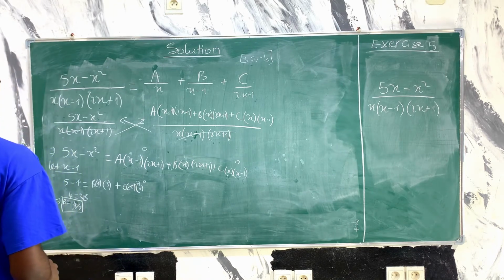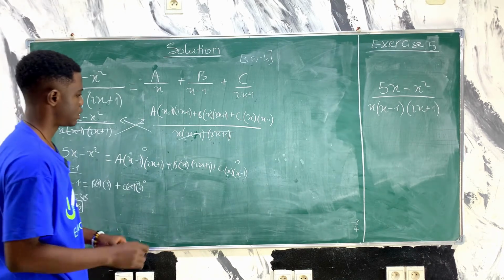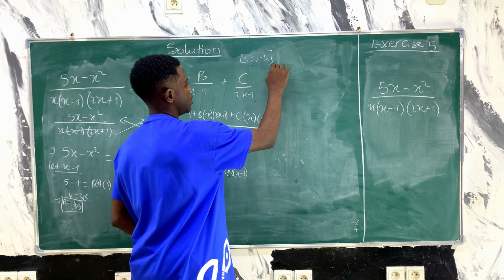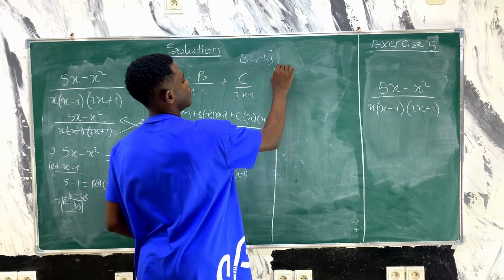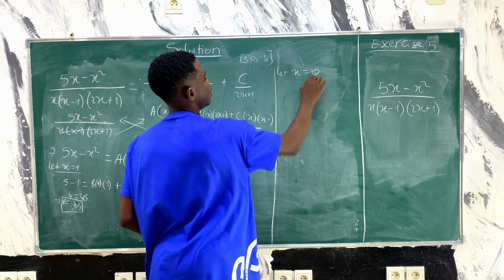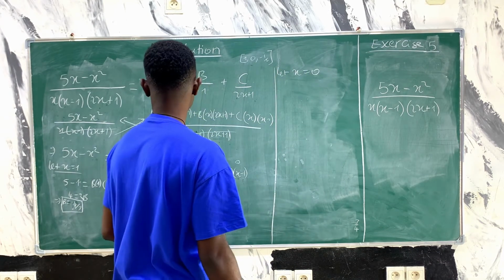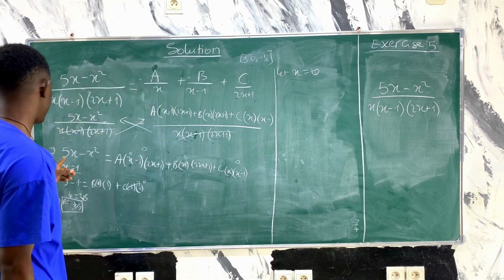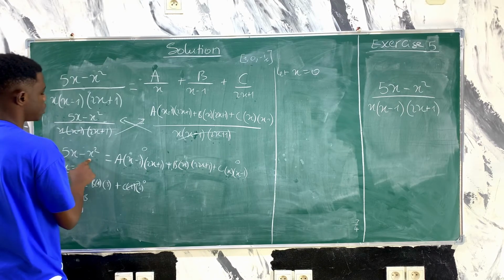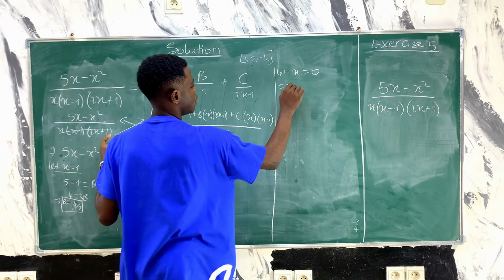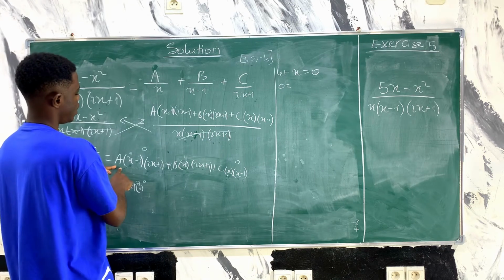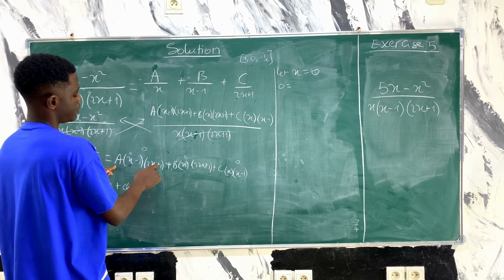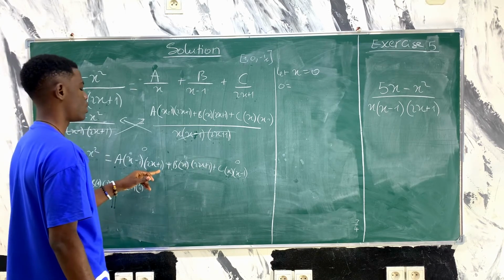For the second one, I'll let x be equal to 0. I replace 0 here. I have 0 minus 0. Here I have a into 0 minus 1, which is minus a, times 2 times 0 plus 1.